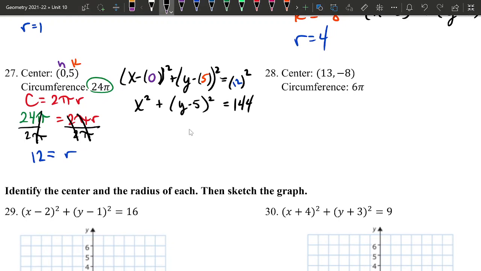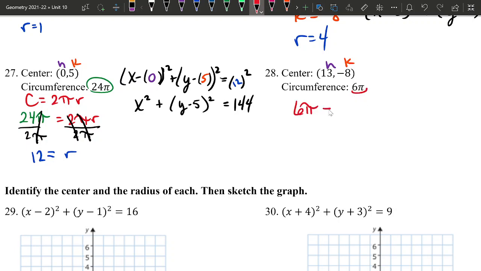Alright, so one more of those. It works just the same. So you have H, you have K, and you have to calculate the R from the circumference. The circumference is 6 pi.